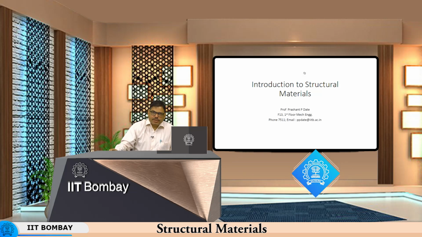Well, we take structural materials for granted. Normally speaking, structural materials are there everywhere. In fact, we use structural materials like steels or any metals, wood, composites, ceramics. So a wide variety of materials are used for a number of structures.